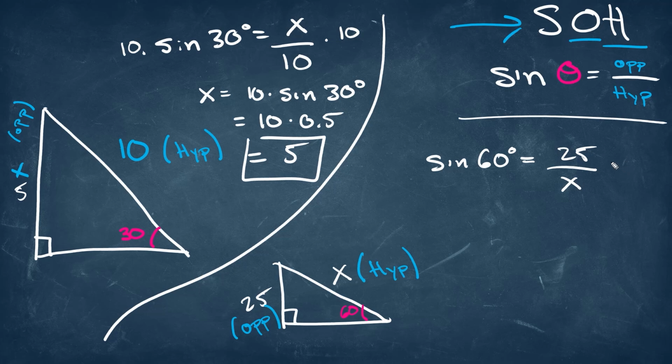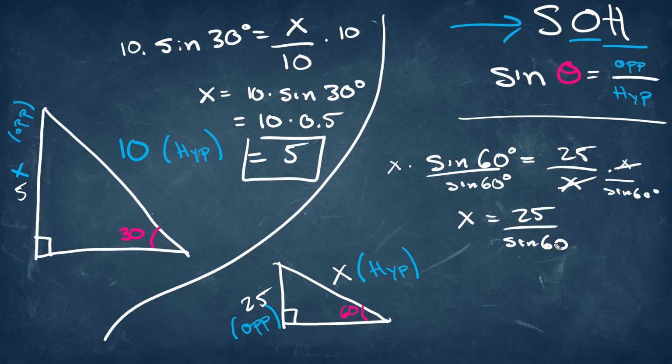When we have this, we can multiply both sides by x to cancel x out on this side, and divide by sine of 60 degrees on both sides. What that ends up doing is giving us x is equal to 25 over sine of 60. A shortcut that we can follow is actually just flipping out the x in sine of 60.